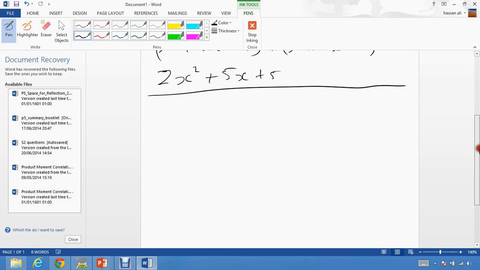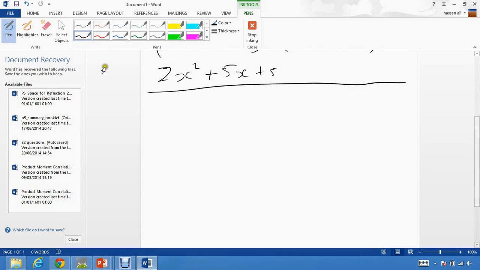Now what you have to recall is factorizing. Remember, factorizing just means when you put things into brackets. So let's say for example you had x squared plus 8x plus 15. You just have to put them in two brackets.